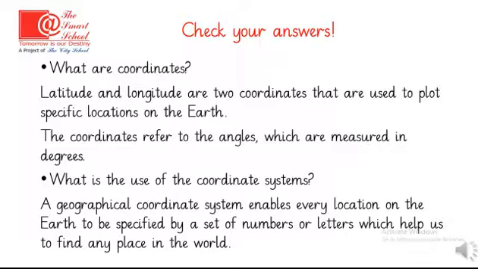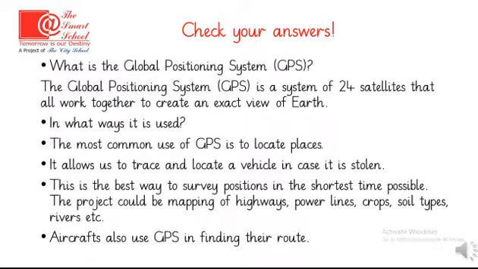The coordinates refer to the angles which are measured in degrees. What is the use of the coordinate system? A geographical coordinate system enables every location on the earth to be specified by a set of numbers or letters which help us to find any place in the world.